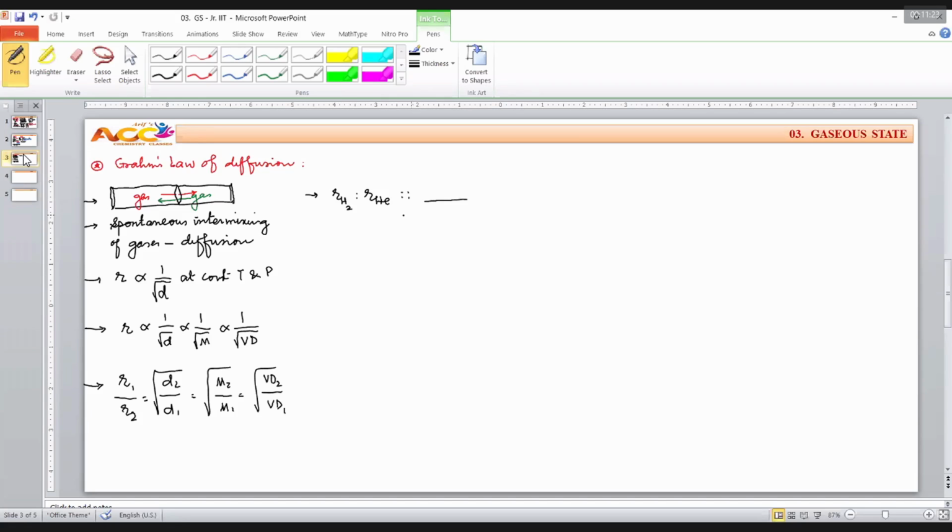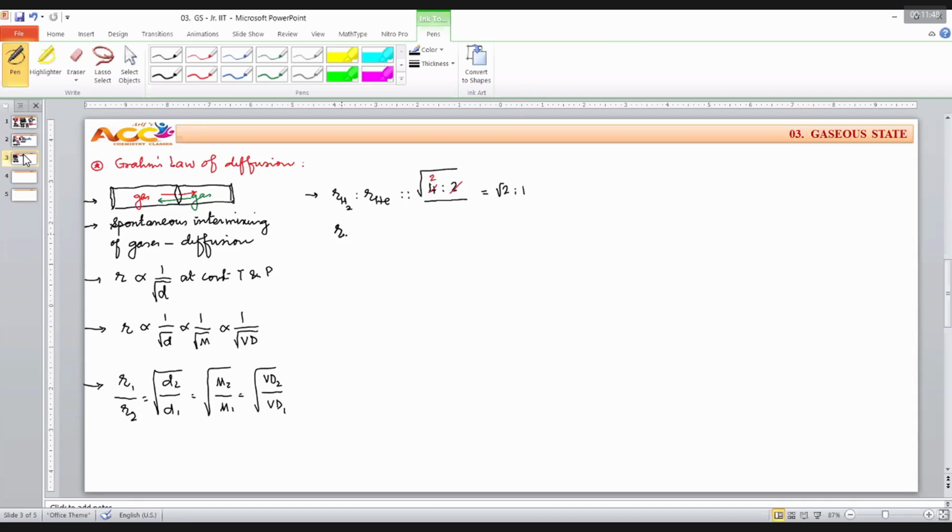I can do it with less usage of time. How can you proceed? Inversely proportional to molecular mass, and then apply root. Job is finished. 2 and 2, what will be the answer? Sir, the answer is root 2 is to 1.